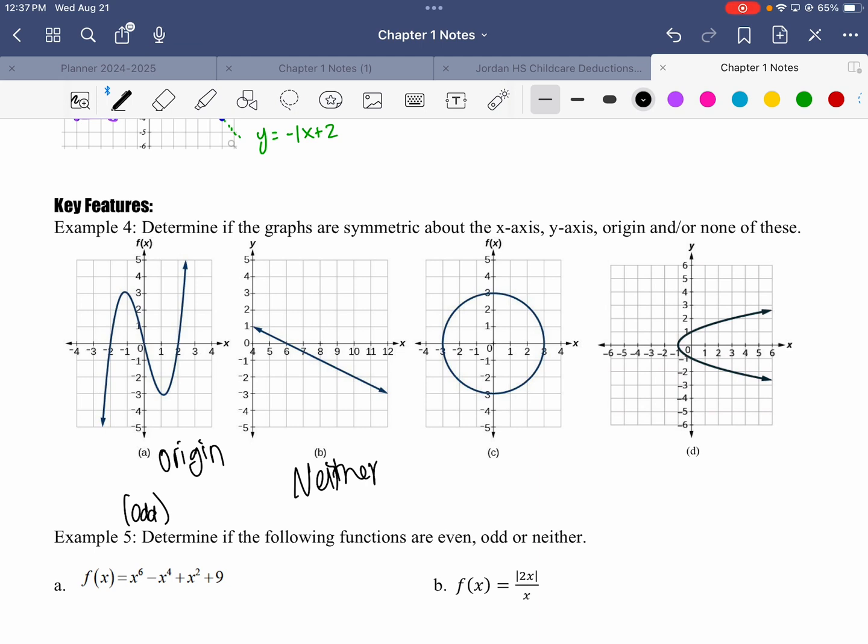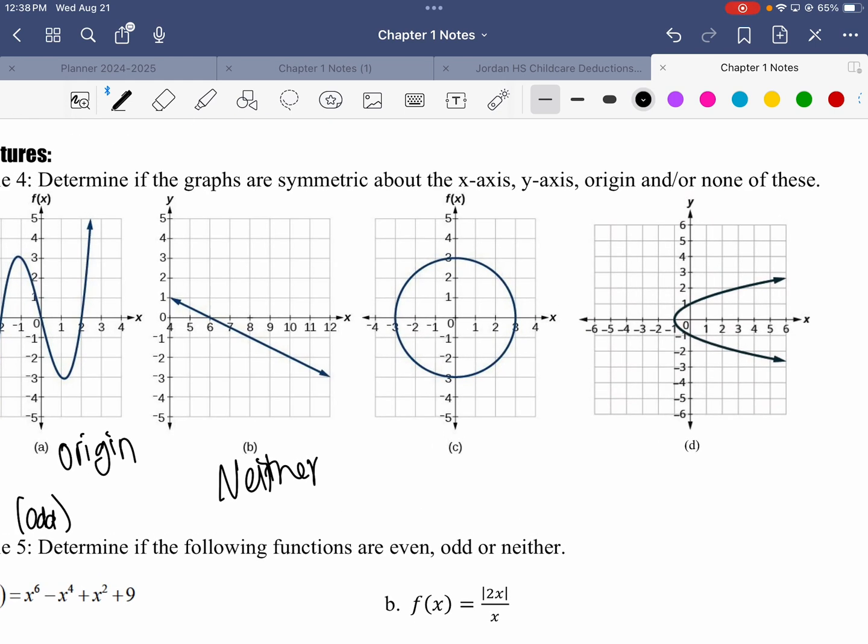Vertical lines are neither. Lines that have some kind of slope are only odd if they go through the origin. Lines are weird. That's why we don't really talk about even, odd, or neither until we're talking about more than just lines, because lines are weird.